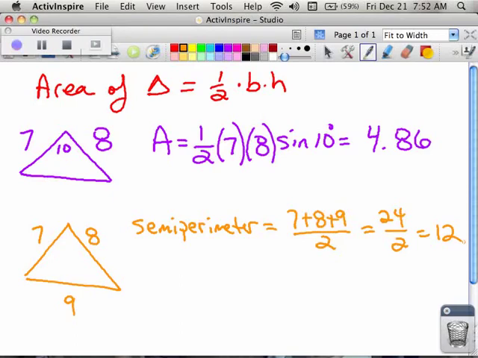Then to find your area, you just follow this formula. You take the semi-perimeter, and then you multiply it by the semi-perimeter minus each of the sides.